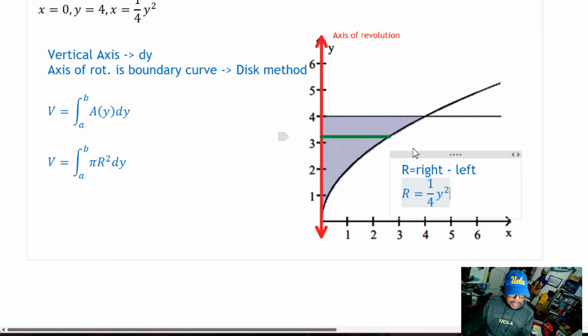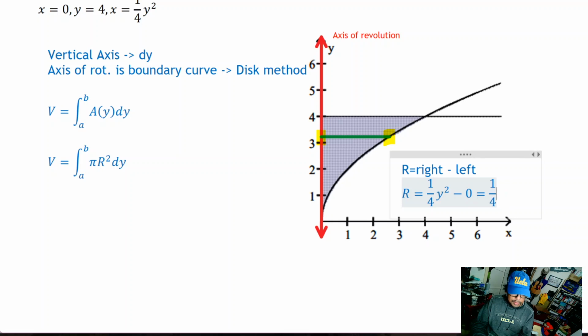And then the x-coordinate on the left side, on the right side, that's on the curve. On the left side, the x-coordinate is always 0. So it's going to be minus 0 here. And that is my radius, 1/4 y squared.